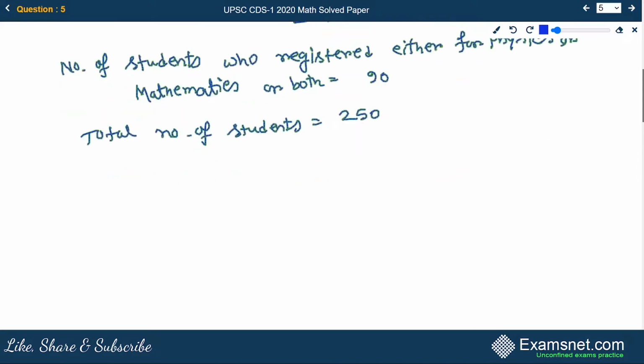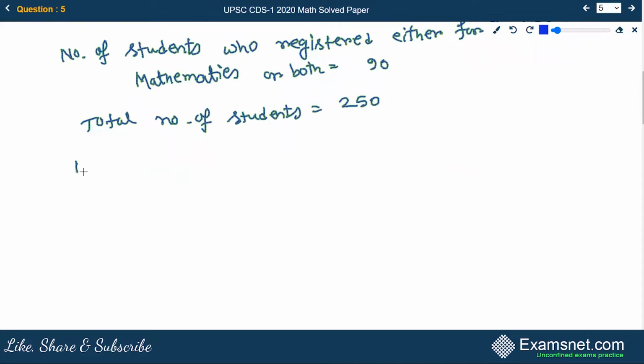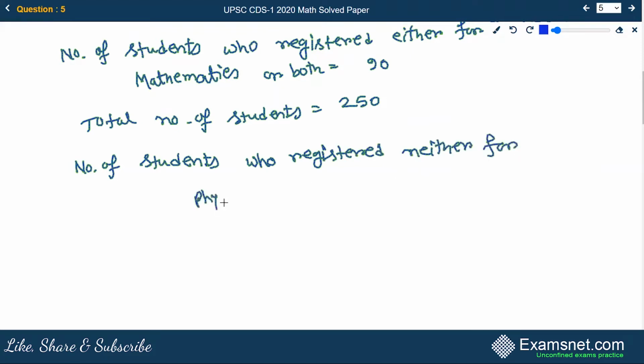Now the number of students who registered neither for physics nor for mathematics is 250 minus 90.